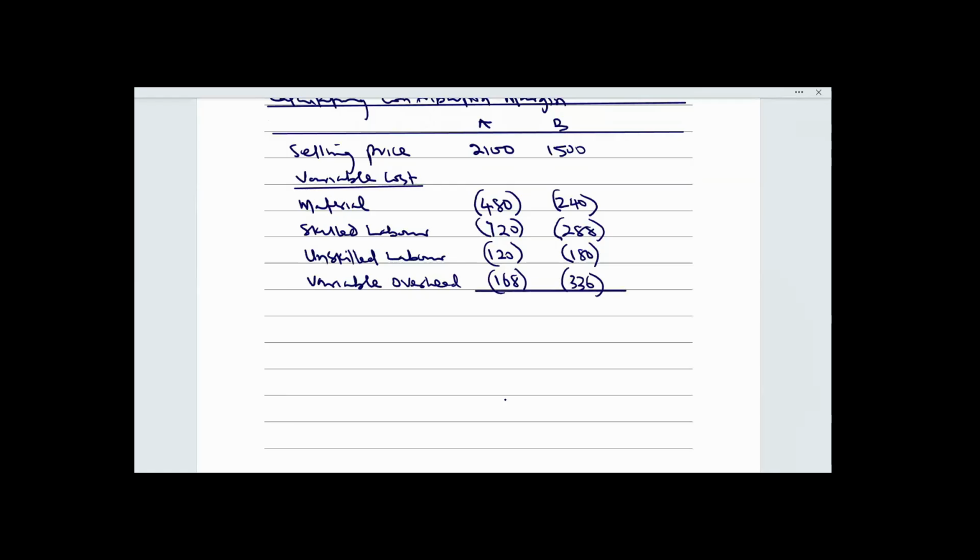So let's find the difference to get the contribution margin. Give me the difference.